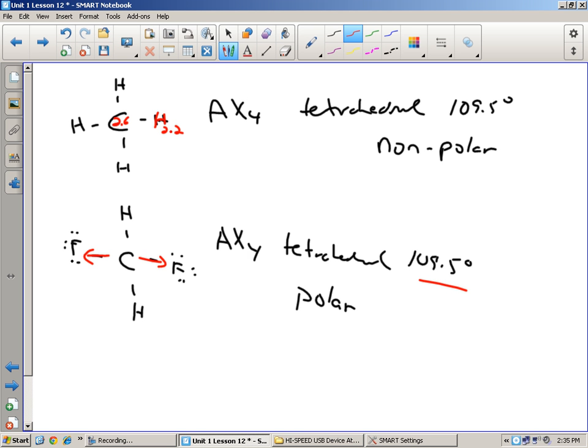So which way are the electrons getting pulled between carbon and hydrogen? Towards carbon, right? So we're getting a force this way, and this way, and this way, and this way. And do all those forces cancel each other out? The answer is yes, because they're all the same force all the way around, or vectors, or whatever you wish to use. They're all polar, but they're all canceling each other out.